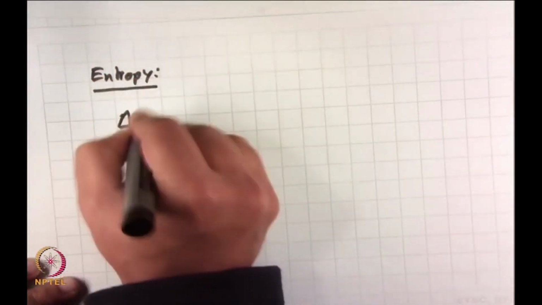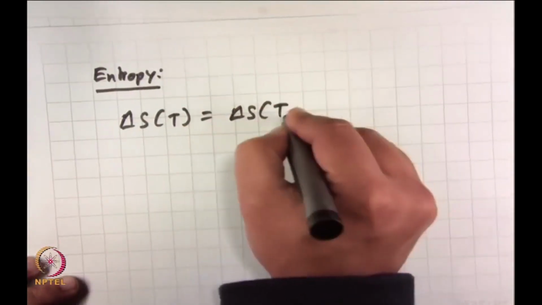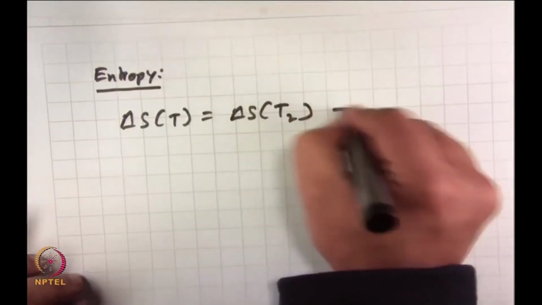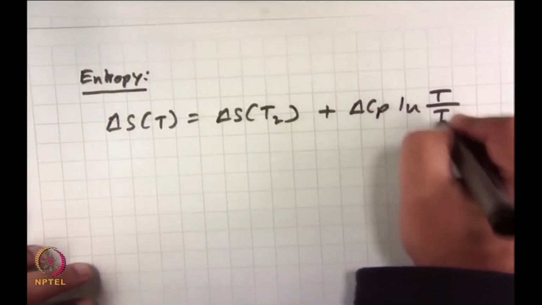So, again delta S of T was equal to delta S, here I think we had written T 2, plus delta C p natural log T over T 2.